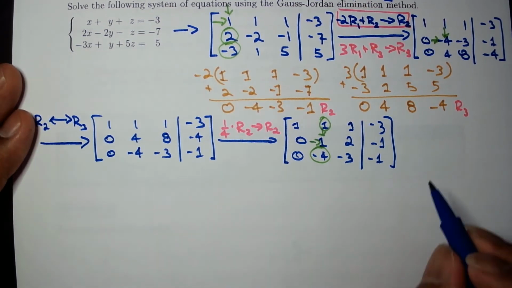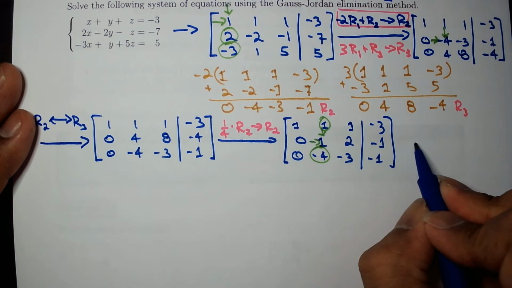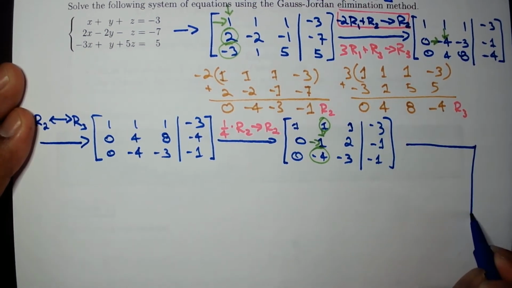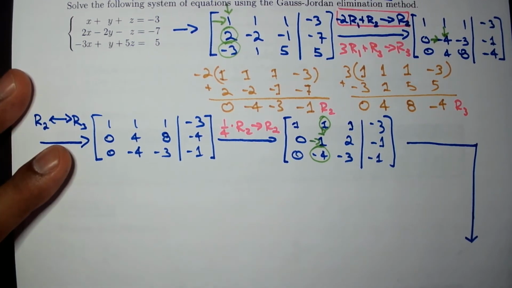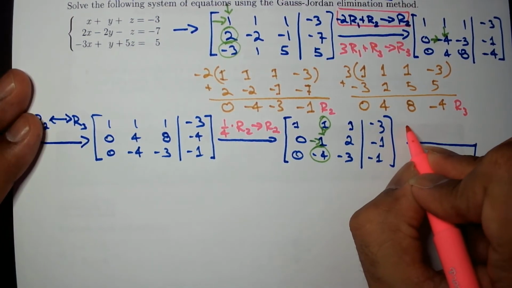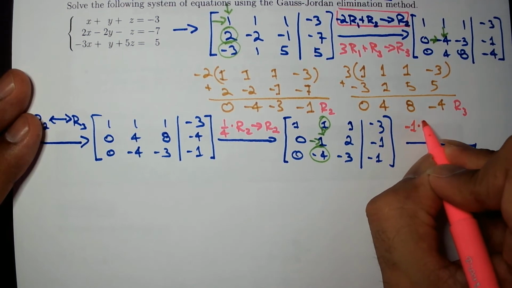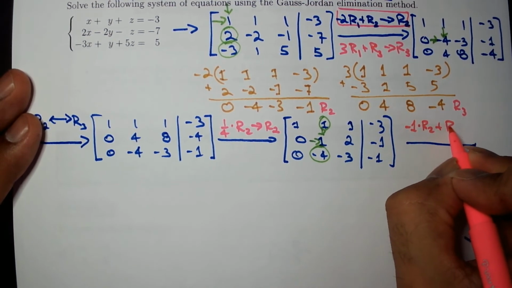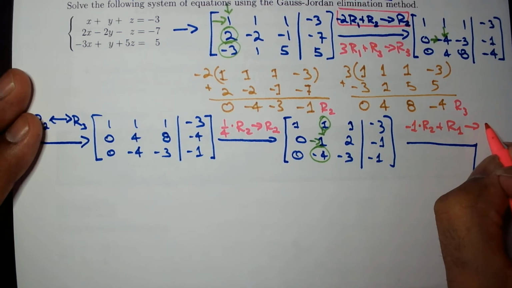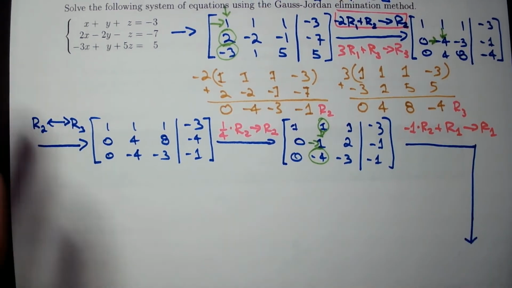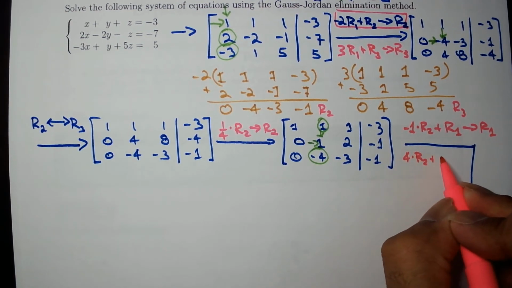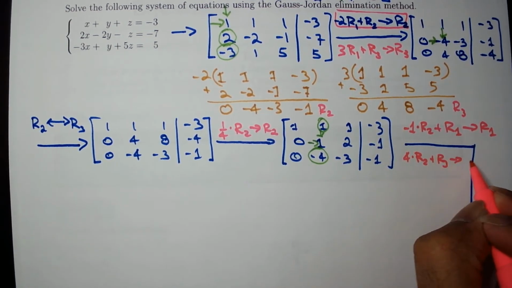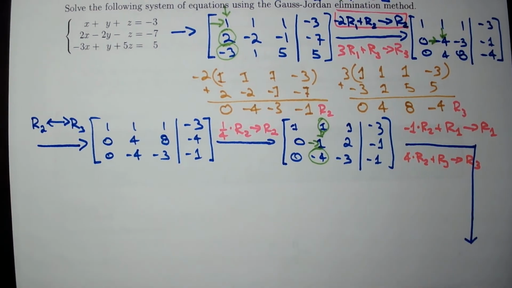So let me do it this way, so I have enough space. And then I'm going to denote, well, -1 times the second row plus the first row to obtain a new first row. And then I'm going to do 4 times the second row plus the third row to obtain a new third row.